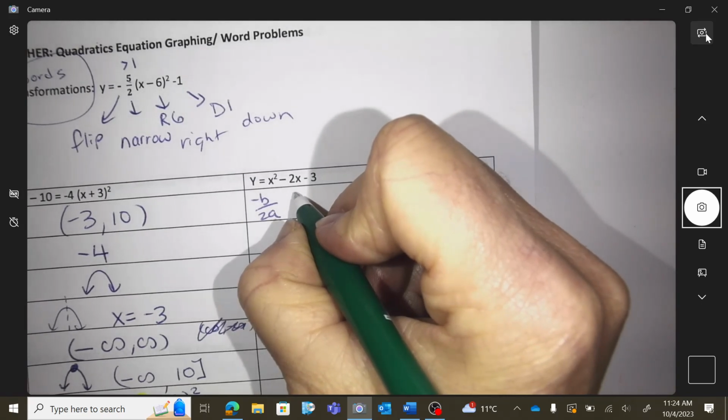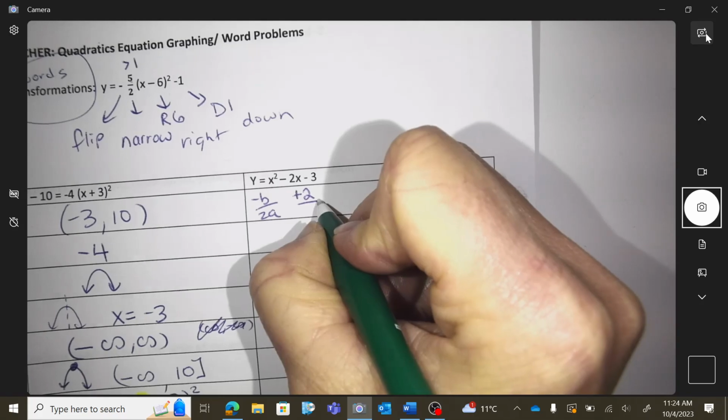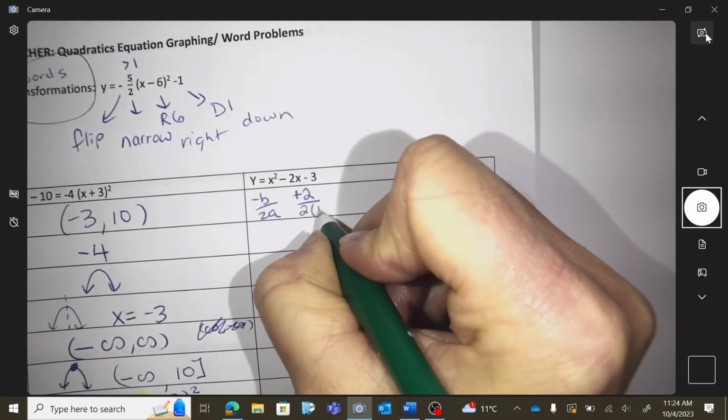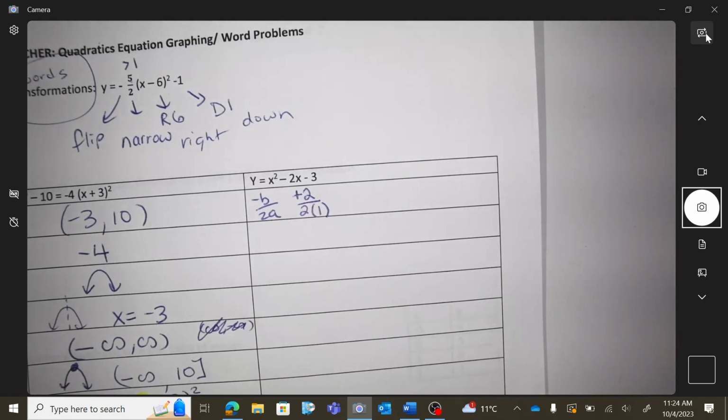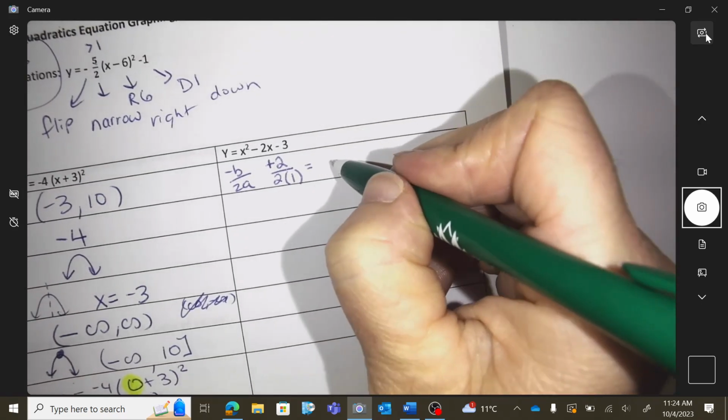So plugging stuff in, you would go positive 2 over 2 times 1. So that is 1.